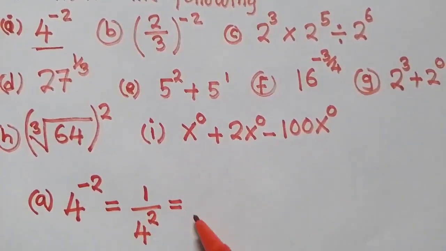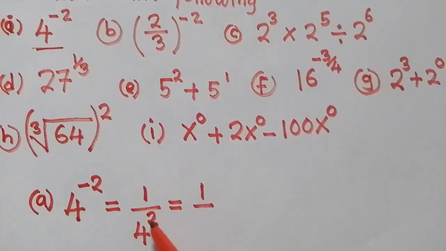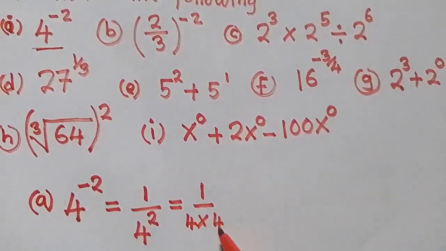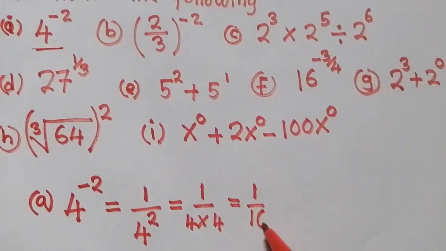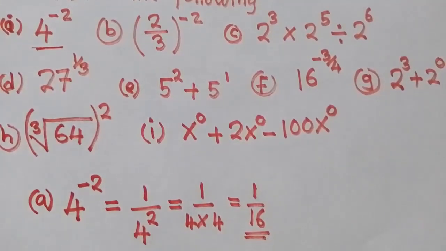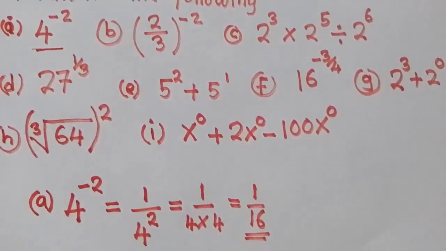This is equal to what? 1 over, what is 4 to the power 2? This means that you're saying 4 times 4. Then finally you've got your answer as 1 over 16. So that is your answer. We have evaluated.